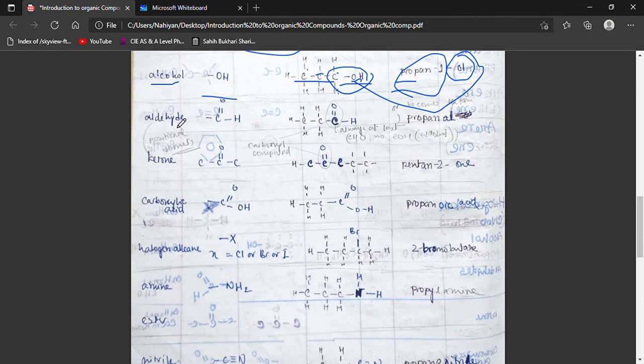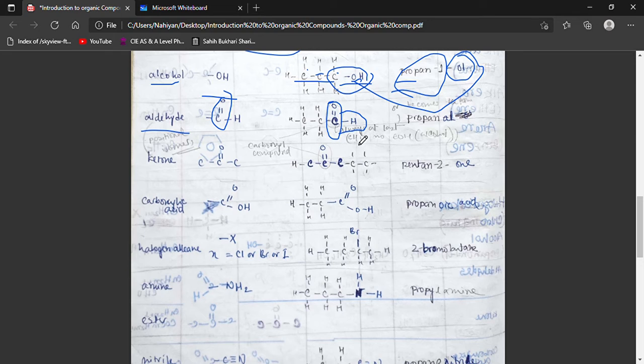Moving on to aldehyde, the functional group must contain a double bonded O, but at the last carbon. So at the last carbon you have double bonded O, and this H is not a requirement, but it adds up into the formula of aldehyde because it must be at the last carbon, and the last carbon is usually surrounded by hydrogens.